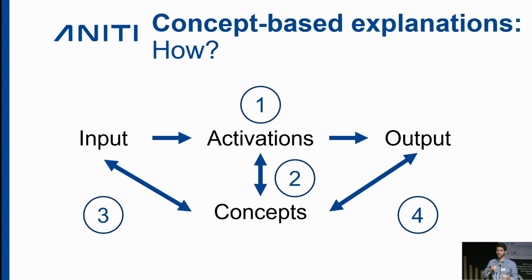And then we learn patterns in these activations, and we call these patterns concepts. Here, the patterns are completely abstract, so we need to interpret them. Interpreting them is the third step, and we also want to estimate their importance and contribution to the output. That's the 4th step.